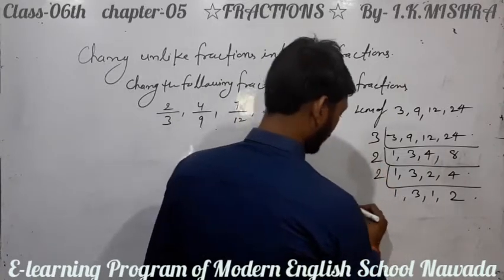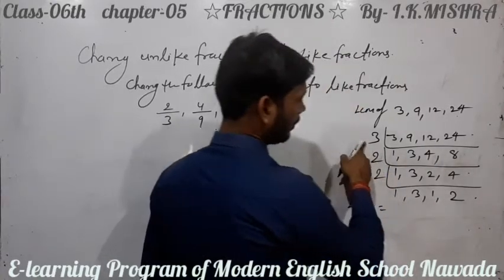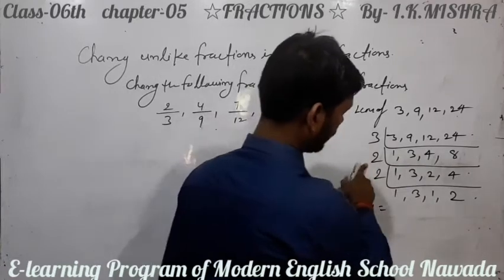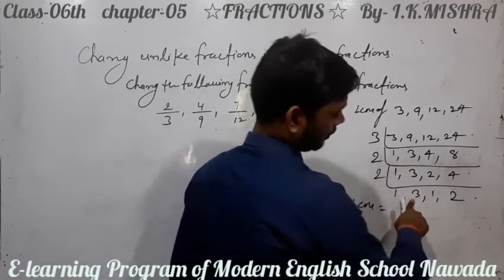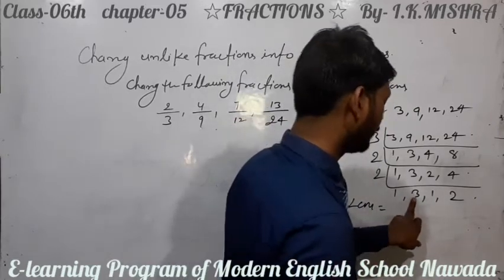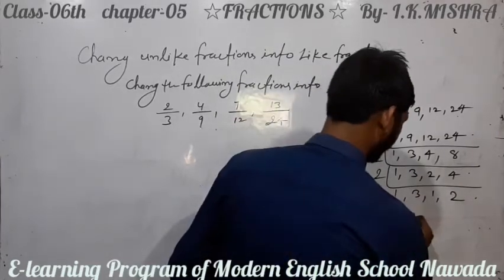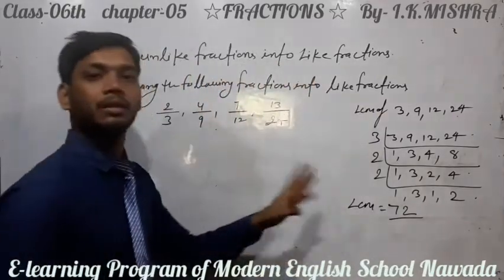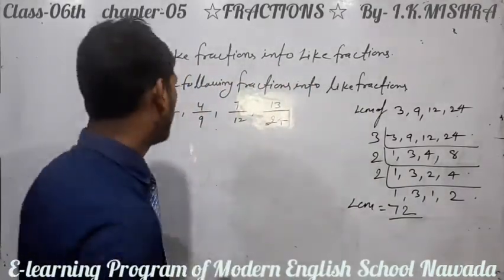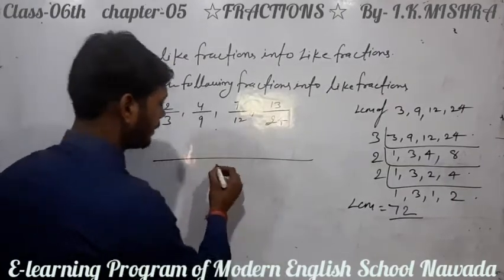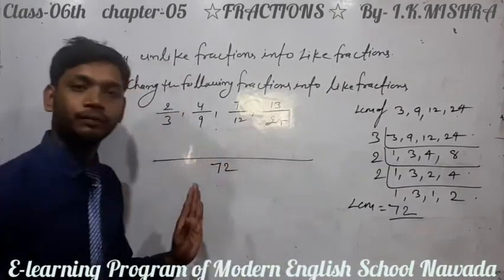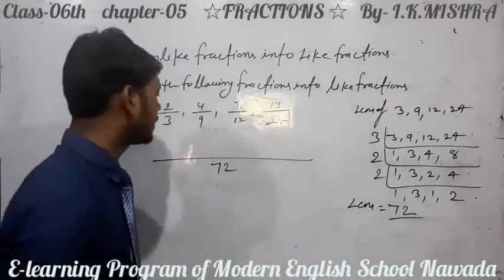Here LCM is equal to 3, 6, 12, 36 and 72. Here LCM is 72. First of all, write the LCM for all of these.